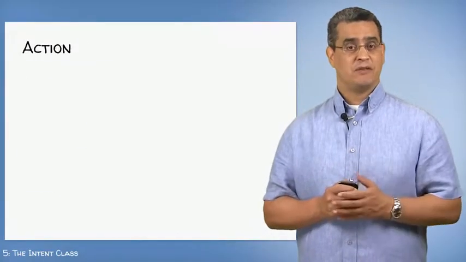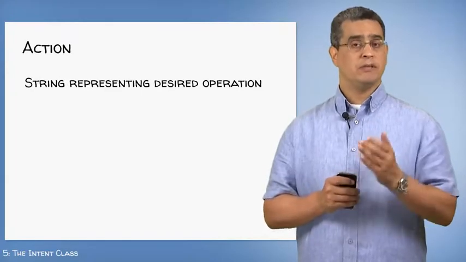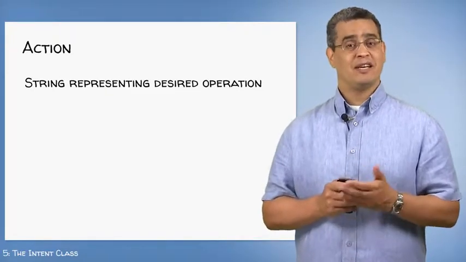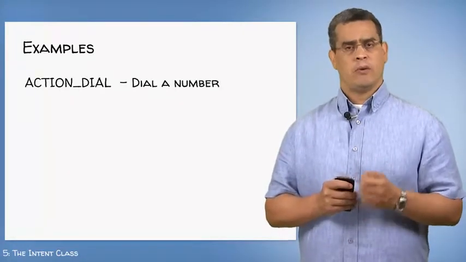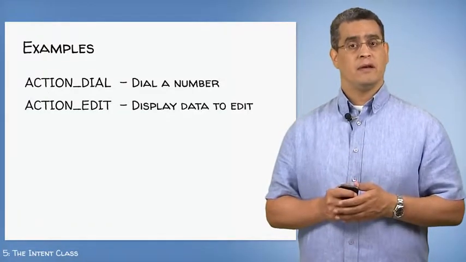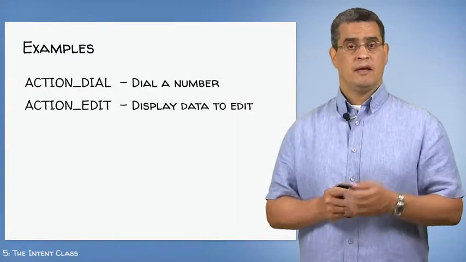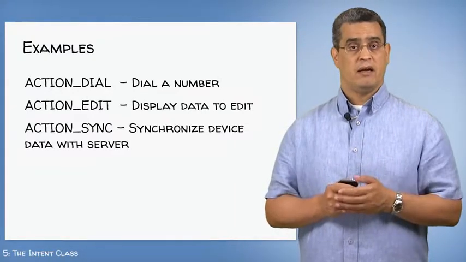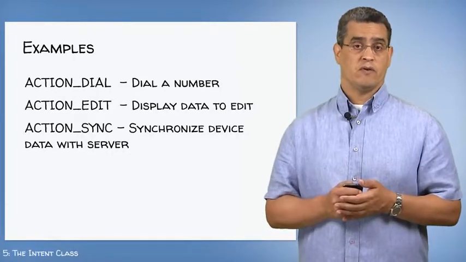An intent's action field is a string that represents or names the operation to be performed. Some built-in examples include ACTION_DIAL, which means I want someone to dial a phone number. ACTION_EDIT: I want someone to display some data for the user to edit. ACTION_SYNC: I would like to synchronize some data on my device with data on a server.